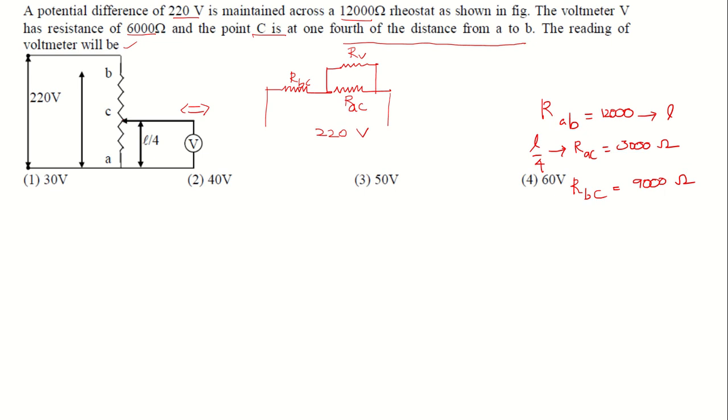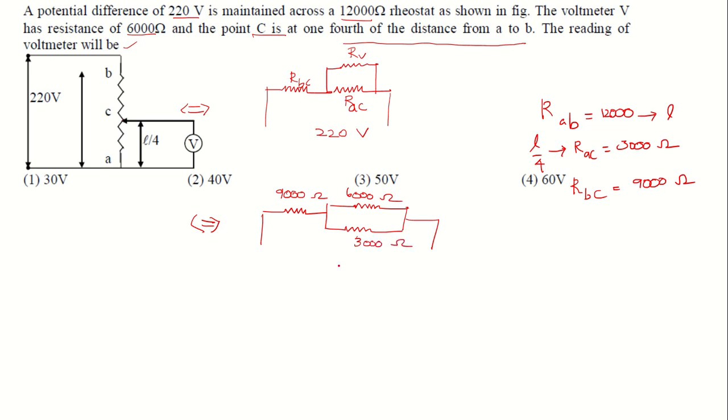So you can just convert that circuit into this form, that is equal to this RBC. So RBC takes the value 9,000, and the resistance of the voltmeter is 6,000, and for RAC we get the value 3,000.